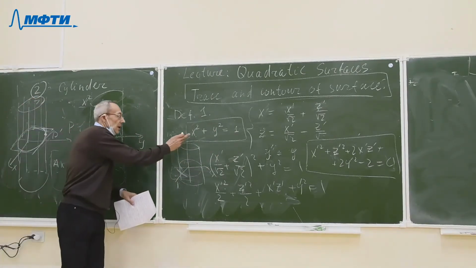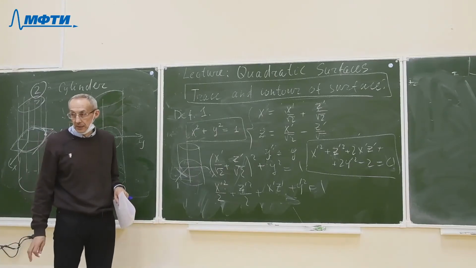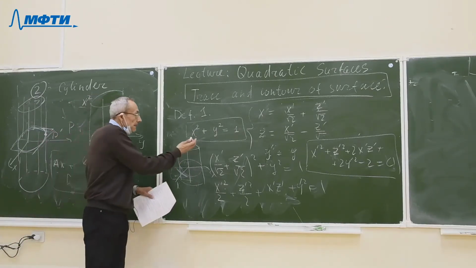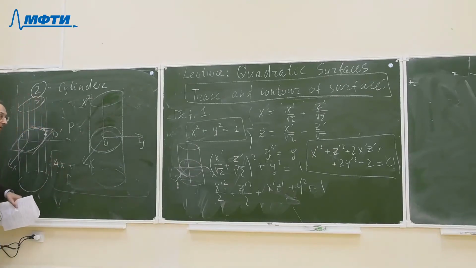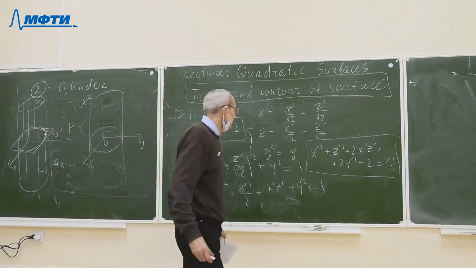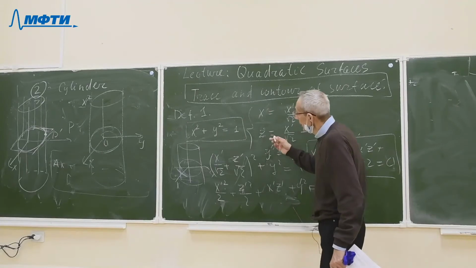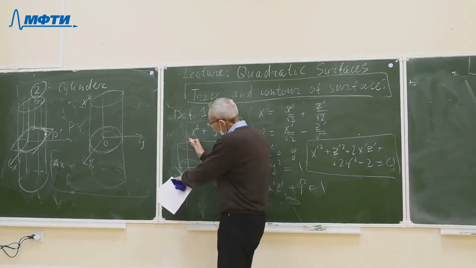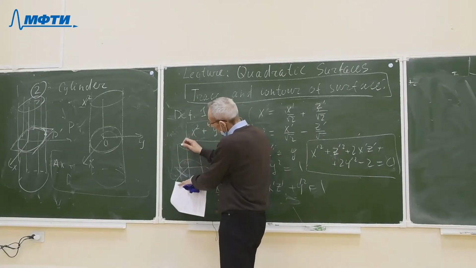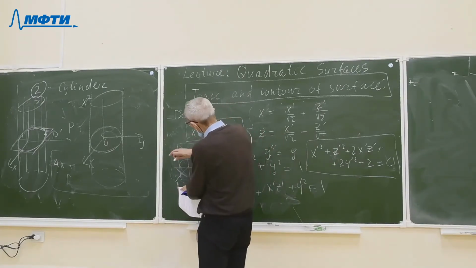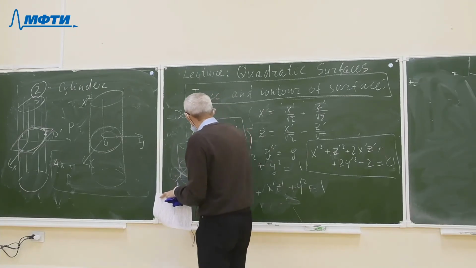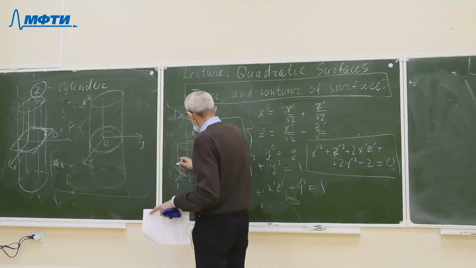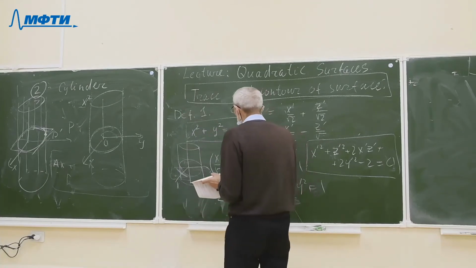In this equation, the coordinate z is absent. And the same as in the earlier considered picture, we have some equation. And I suggest to rotate the coordinate system. We rotate this coordinate, and the cylinder changes its position.